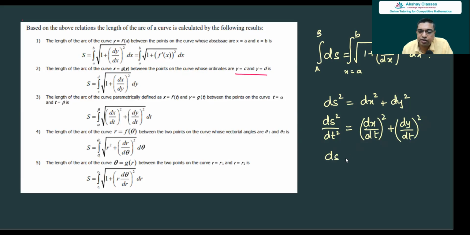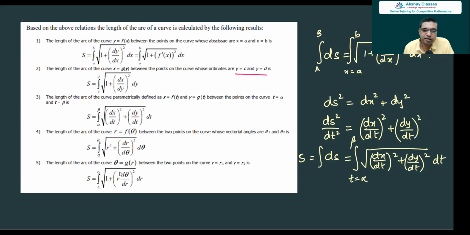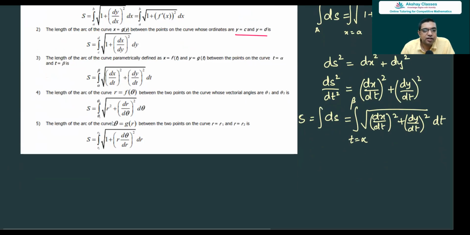So ds is under root of dx upon dt the whole square plus dy upon dt the whole square times dt. And then we can integrate it. To find s, we can integrate this from the given values of t equal to alpha to beta. So this was the parametric form, if the curve is defined parametrically.